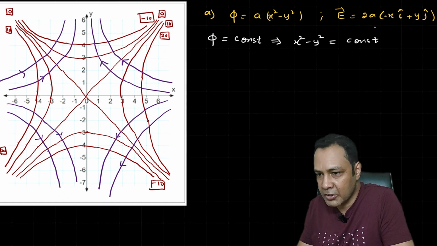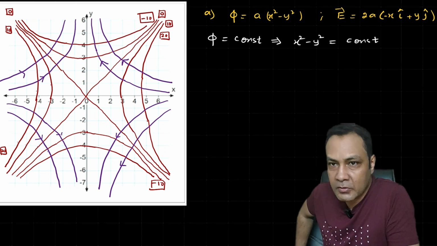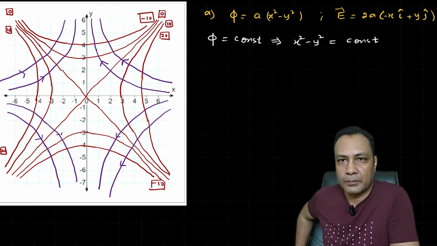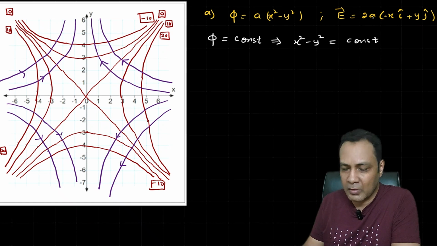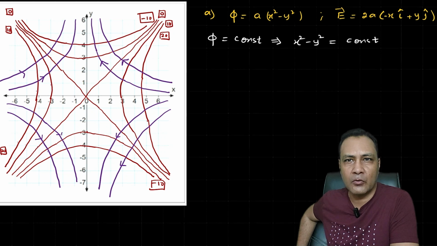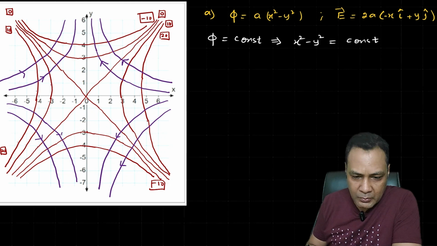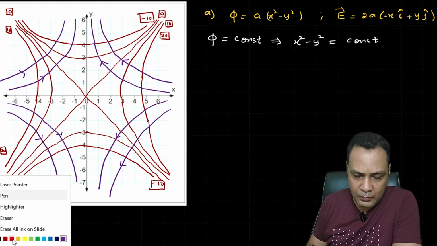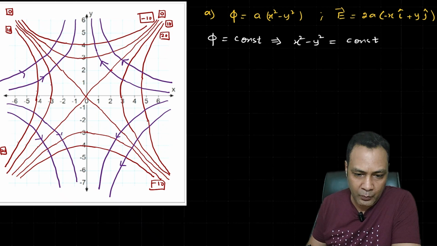And let me cross check this. E is equal to, I plotted this assuming A to be positive. For the sake of simplicity, let's take 2A is equal to 1. So E is minus x i cap plus y j cap. Suppose I take this point, whose coordinate is 2, 2.